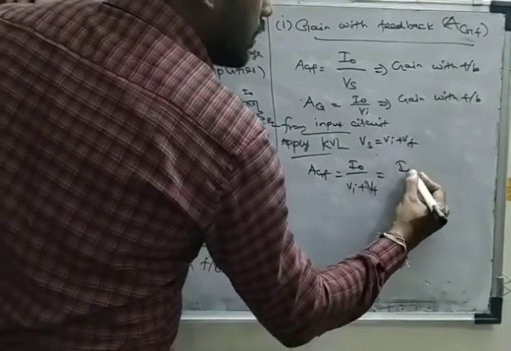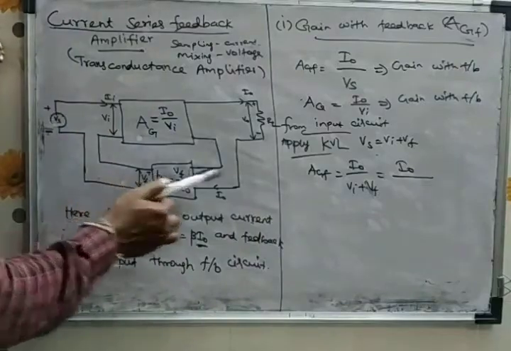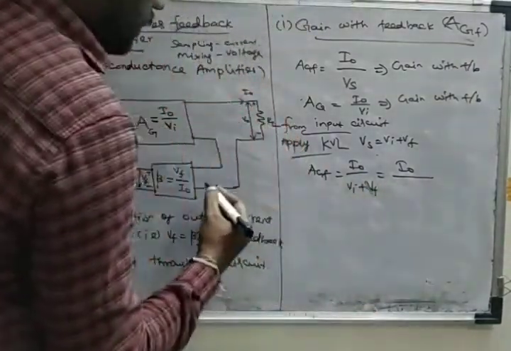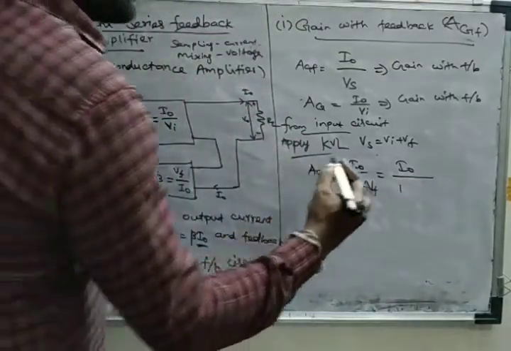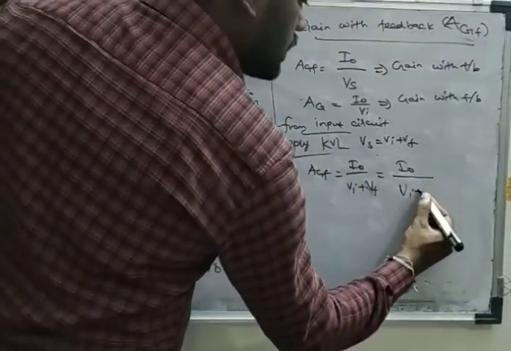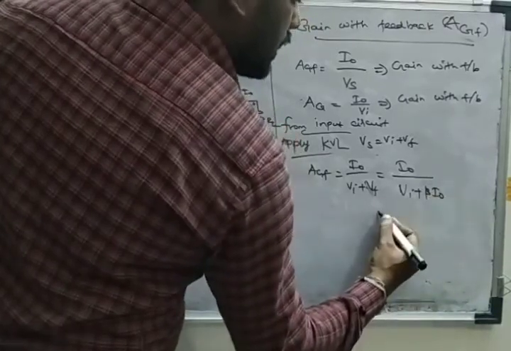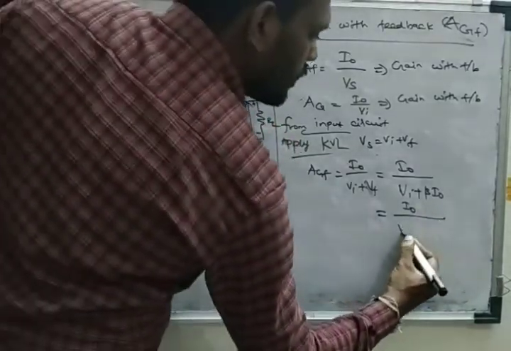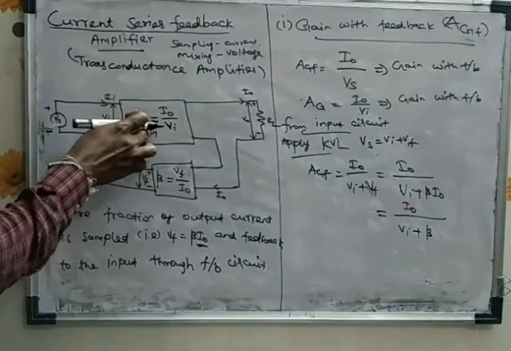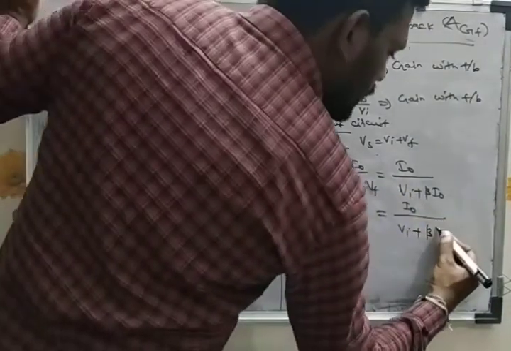Then replace Vf with beta into I0: Va plus beta into I0. Again, I0 is replaced with Ag into Va.